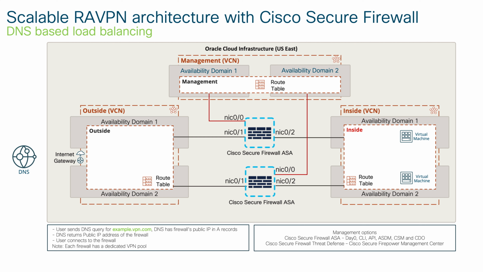Now, one thing that you should keep in mind, on your DNS, you will enable health monitoring for each ASA, and you will also create a record, and each record will point to the public IP address of your ASAs.